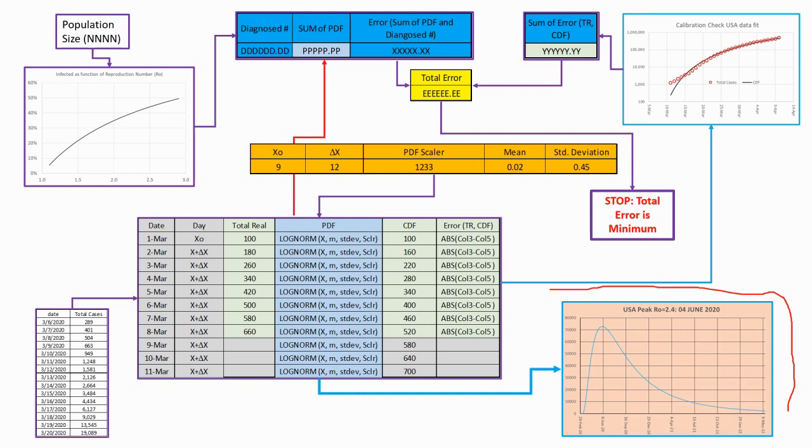Real data comes in over here, the size of the population, and then one has to decide what R0 to use, and that will feed the number of diagnosed. So here's a number, the number diagnosed. Another set of real data is the actual total cases that come in, and they would be recorded in this column right here against the dates.